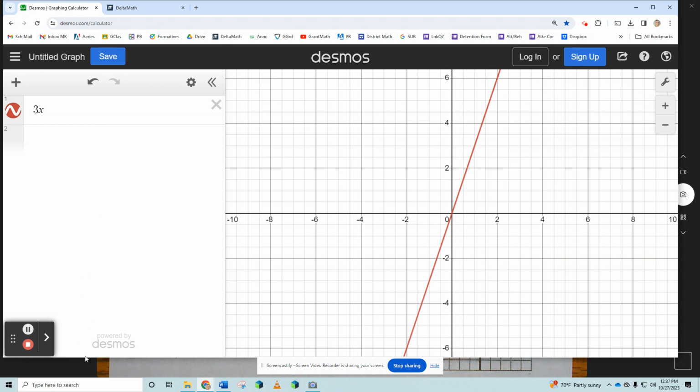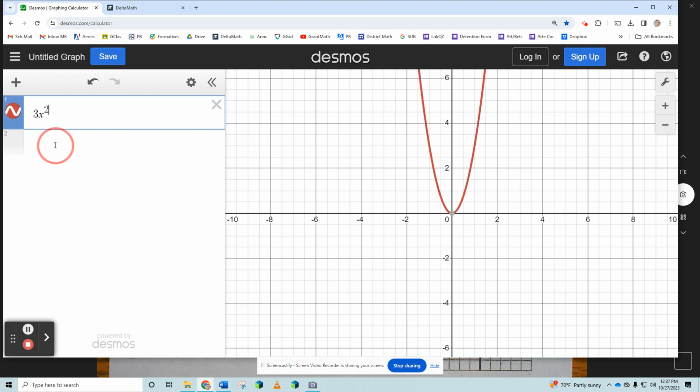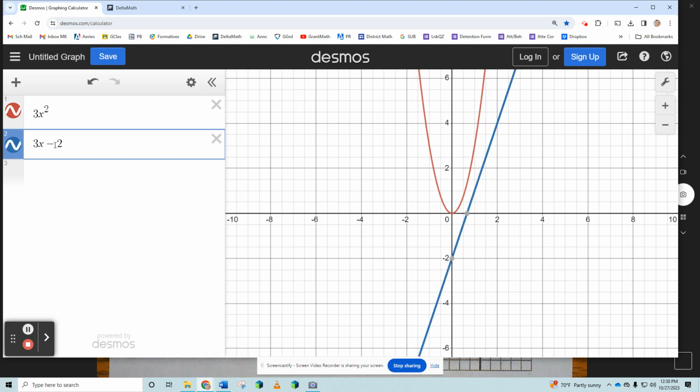Where's the math thing? Down here. 3x squared, okay. And then 3x minus 2. Woo!